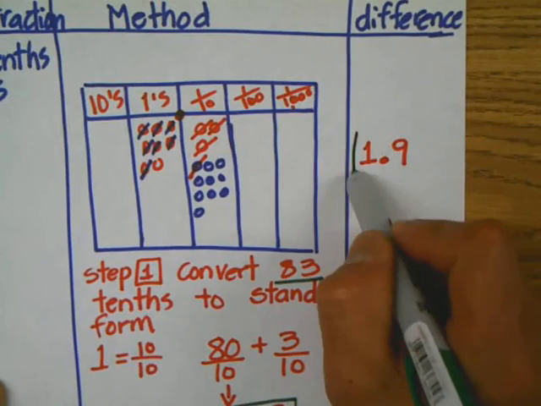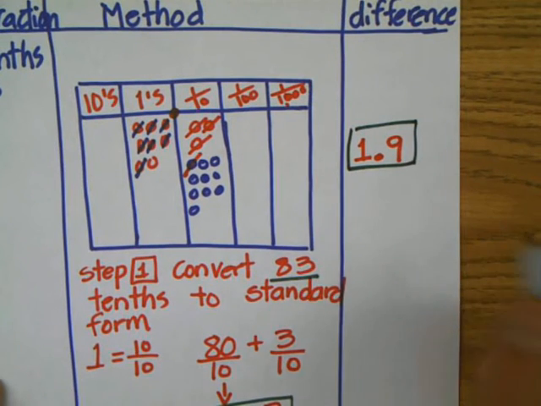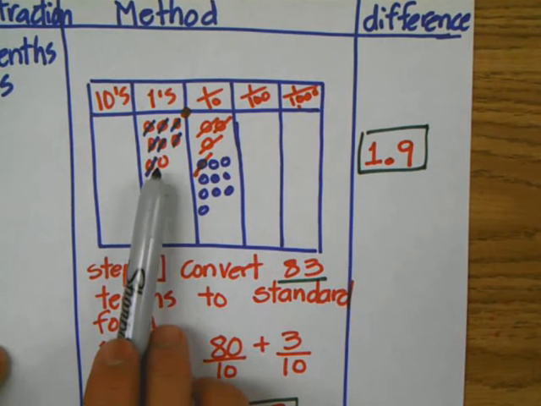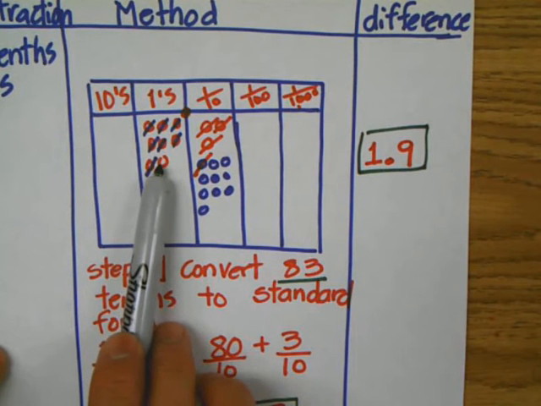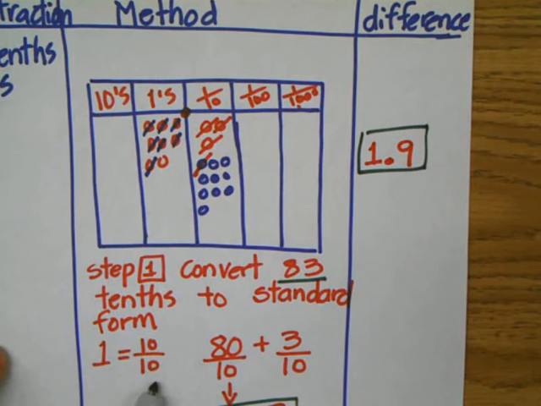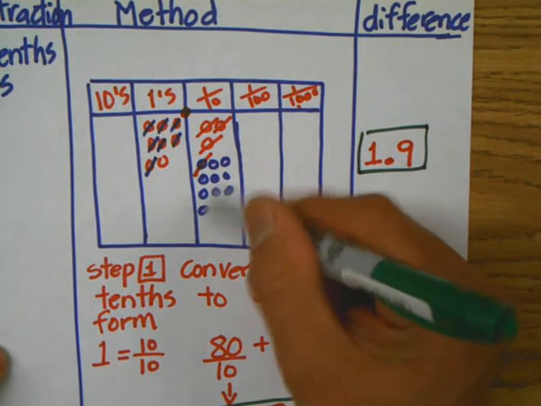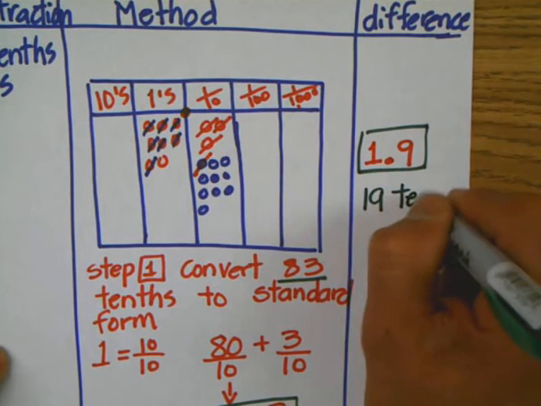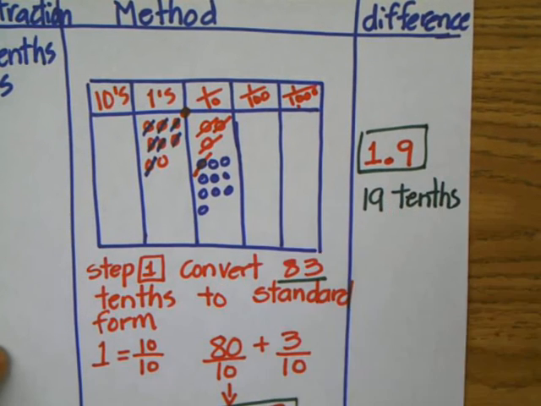Now another way to also say the answer, it will be like this. What's the answer left? We have 1 whole, which is 10 out of 10, plus 9 tenths, that will be 19 tenths, another way to say the answer in units. Okay?